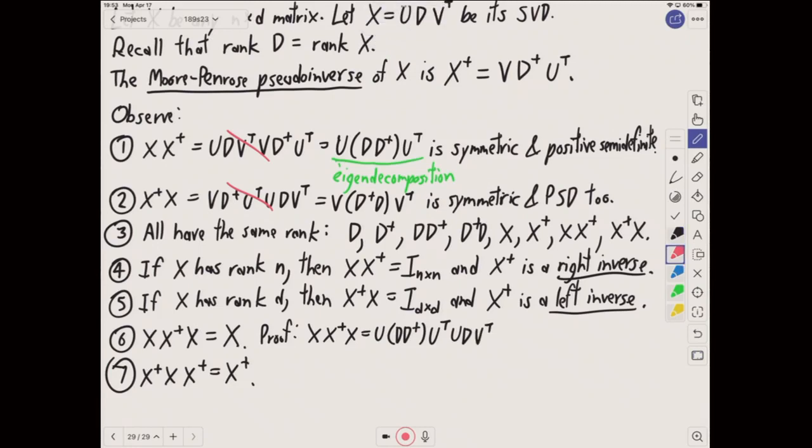And then, as usual, we have some U's that cancel. So that's going to give us U D D plus D V transpose is U D V transpose equals X. And the proof for number 7 is symmetric to that proof.